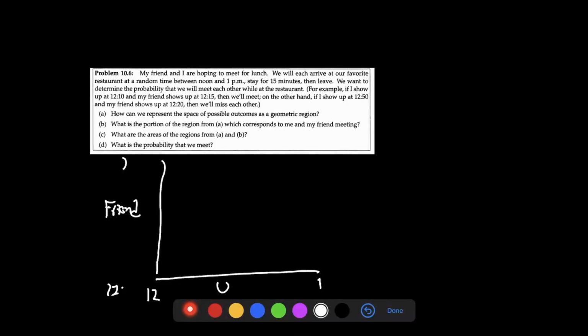So if you arrive at 12, that means your friend can arrive from 12 to 12:15. If you arrive at 12:10, your friend can arrive at 12 to 12:25. If you arrive at 12:20, then now it's 12:05 to 12:35, and so on. Just by sketching that, you kind of get an idea of how the graph looks.